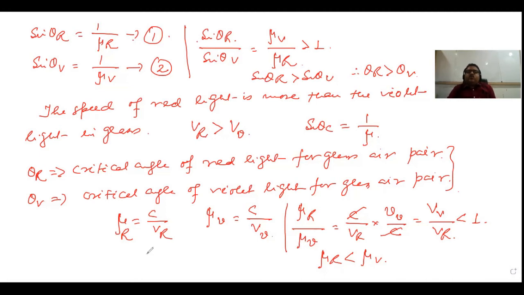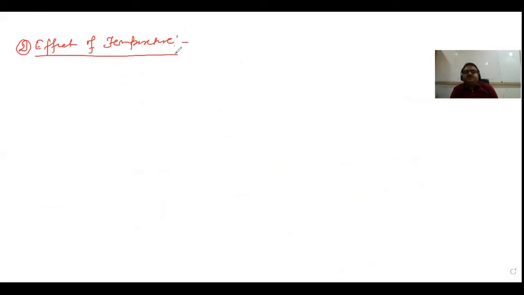So now, this is one of the factors on which critical angle depends. Number 2 factor is the effect of temperature. What is the effect of temperature? In general, refractive index decreases with increase in temperature.